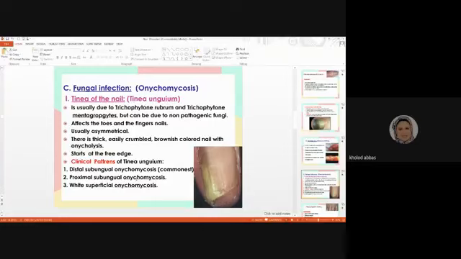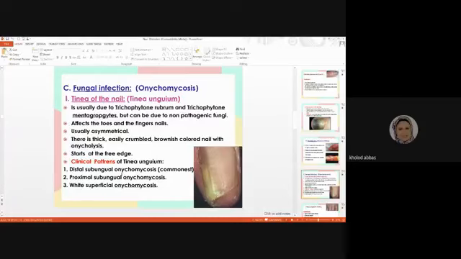Usually asymmetrical and painless, though it could also vary in pain and tenderness, but usually it's painless. There is a thick, easily crumbled, brownish colored nail with onycholysis also. Usually it starts at the free edge of the nail, at the distal part.